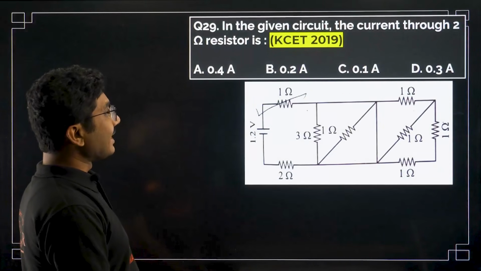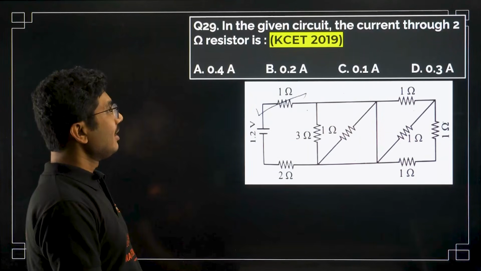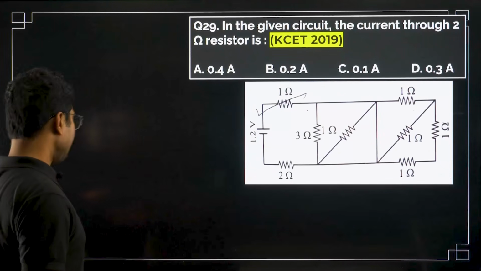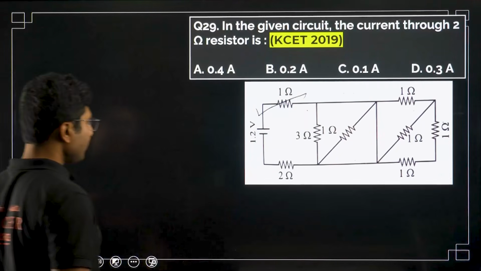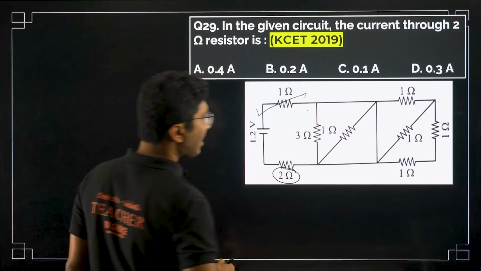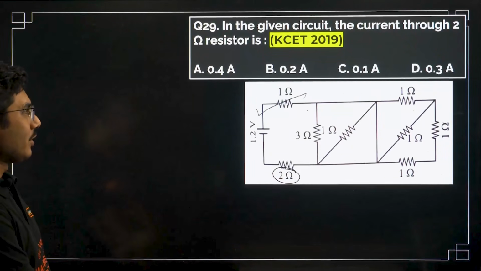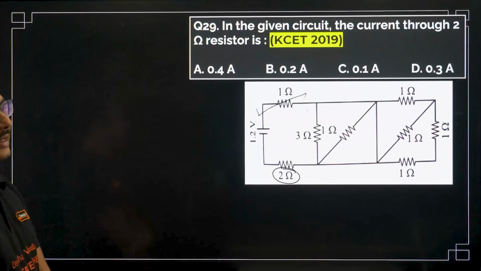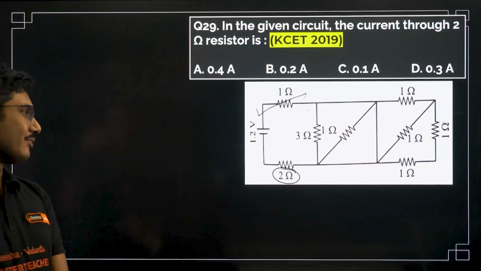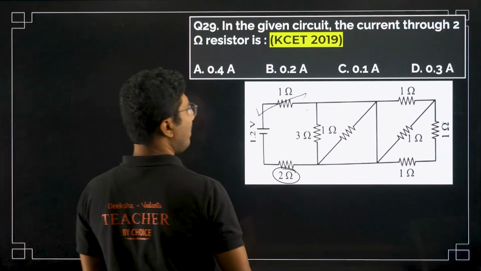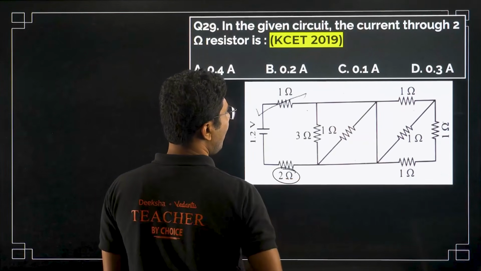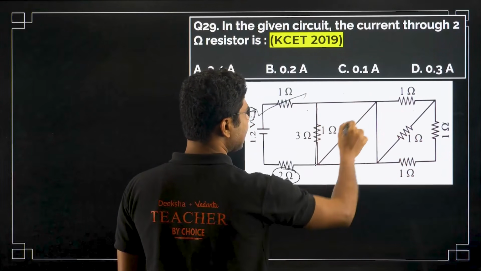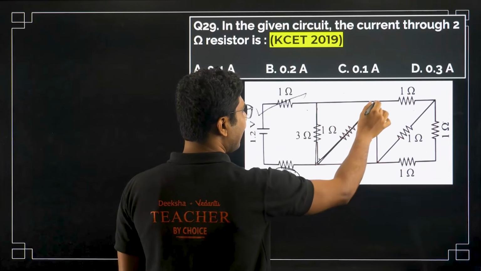In the given circuit, the current through the 2 ohm resistance. Now if you see, there is only one 2 ohm resistance, which is this one. Now if you see the circuit carefully, here we have 1 ohm, 2 ohm, and there are a bunch of resistances in parallel.